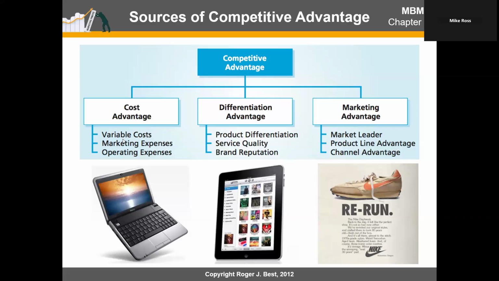You have to essentially stake a claim in one of these three.